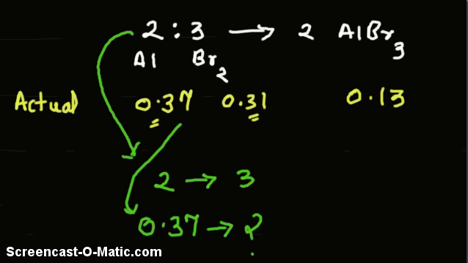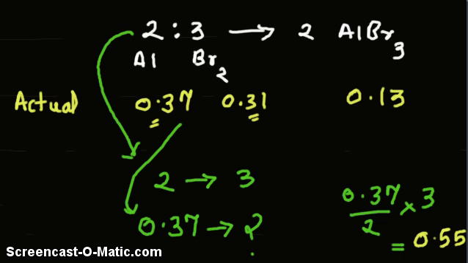And the answer is 0.37 divided by 2 into 3, which is equal to 0.55 moles of bromine.